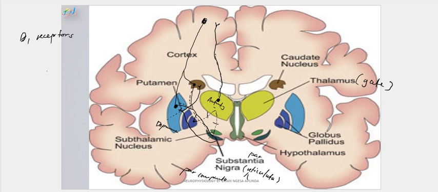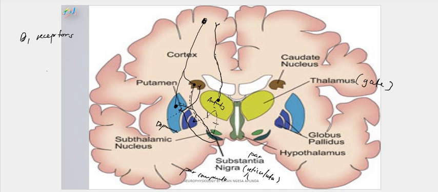So once the dopamine is released, it normally binds to the D1 receptors in the striatum, and this enhances the direct pathway. So the dopamine released in this context will enhance the direct pathway, as we've just seen.